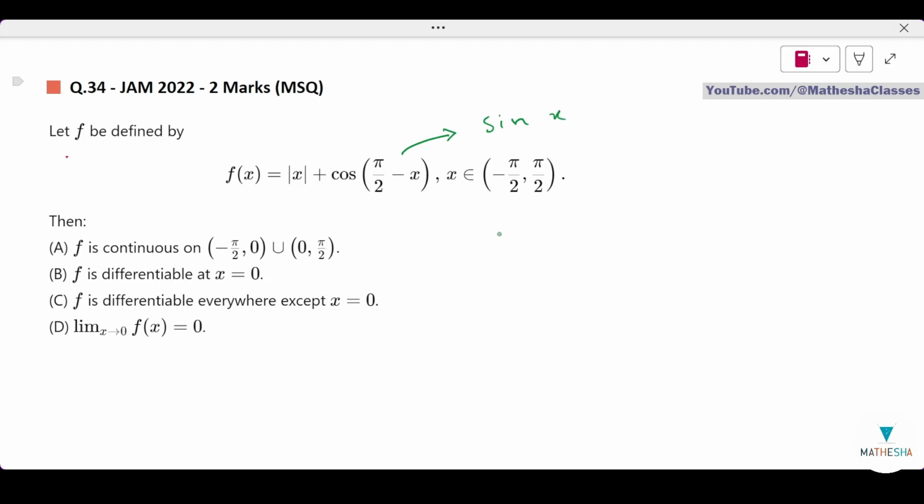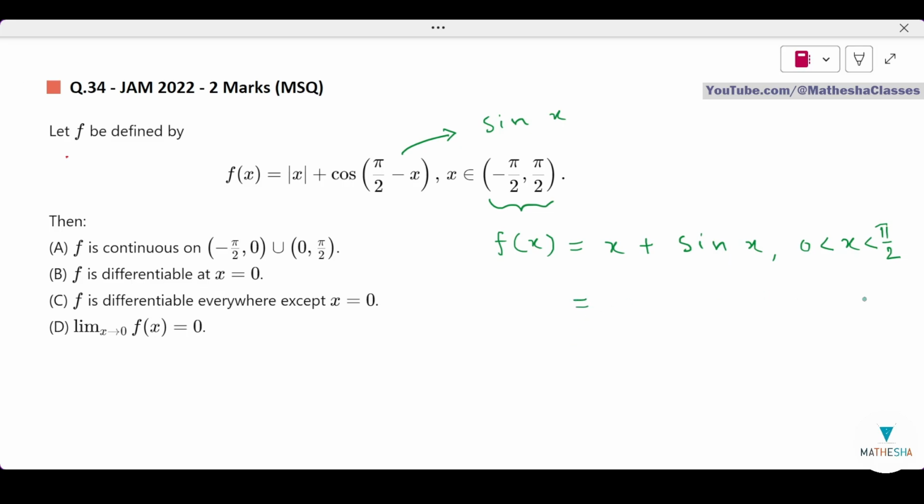So definitely f(x) will be equal to x plus sin x when x is positive. x is positive means x will be bigger than 0, and noting the domain, x has to be less than pi by 2.